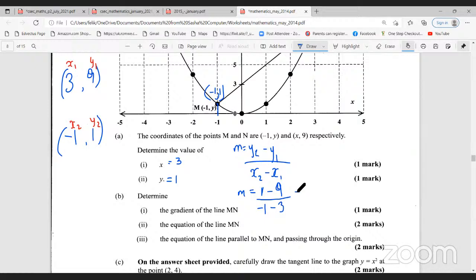Please look at the right one. What is Y2? Look for it. You already labelled it 1. What is Y1?